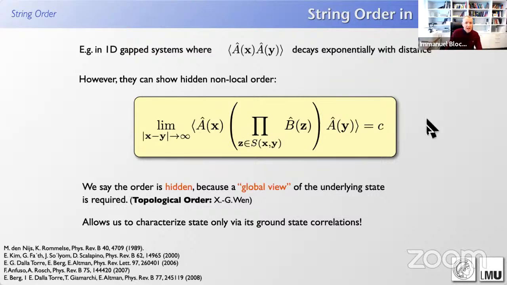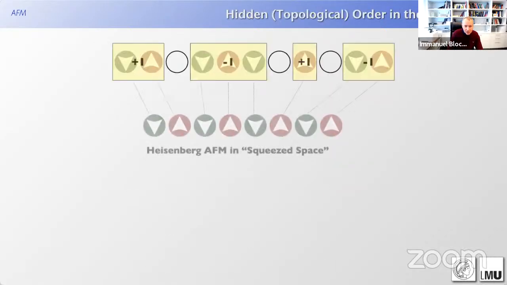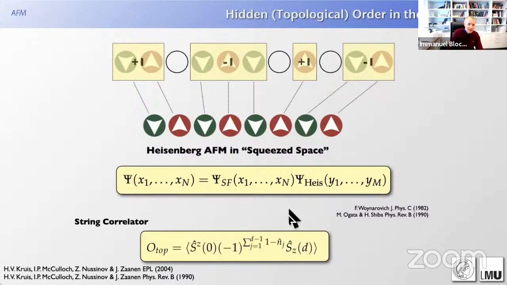Our correlator here that I showed you, this string correlator, is a very good example of that, because if you just know the spin points up here, you cannot predict what the spin is going to do over here if you don't know how many holes there were in between. Because remember, each time there's a hole, this parity will be flipped by plus or minus 1, right? So you need to know how many holes were in between.